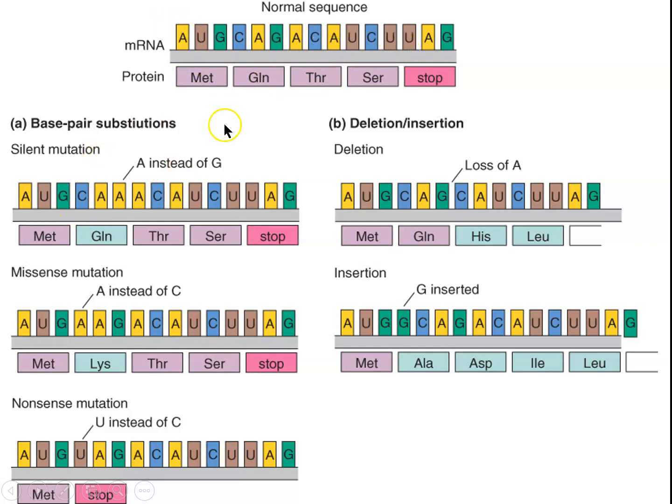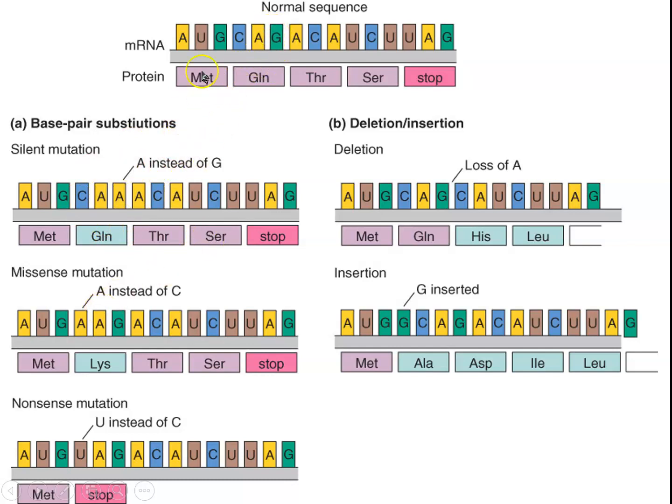Well, the silent mutation would change this G to an A. If you go back and look at the codon table, CAA and CAG both encode glutamine. They both encode glutamine. So it wouldn't change anything to change this to an A.